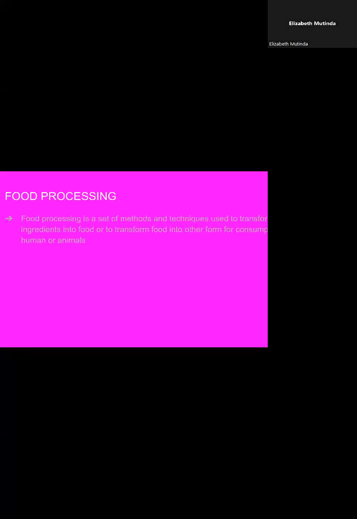Yes, actually, she has defined it correctly. That is the correct definition of what food processing is. Basically, we have methods and techniques that we use to transform the ingredients into food for the purposes of consumption, whether by human or animals.